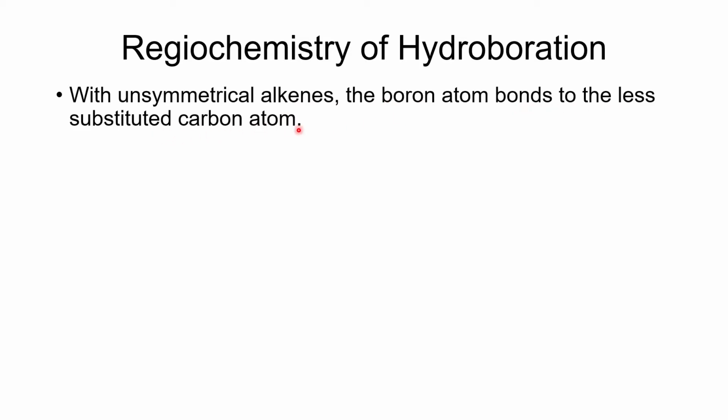When we did halogenation, we knew we got trans or anti-addition to get the trans product on cycloalkenes. But something interesting is that it didn't really matter which carbon the halogen went to, because it was just adding another halogen.